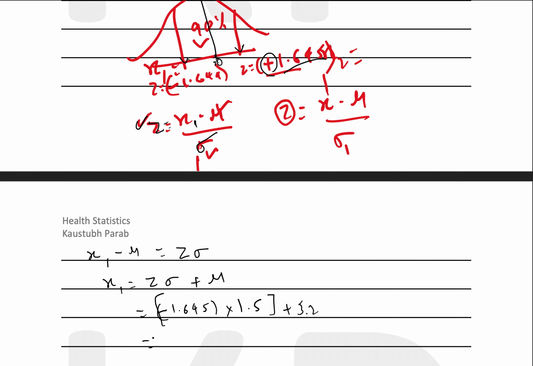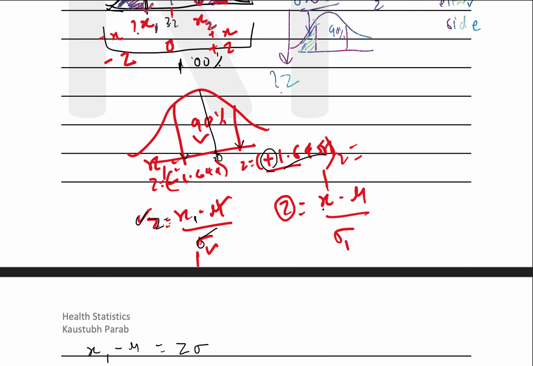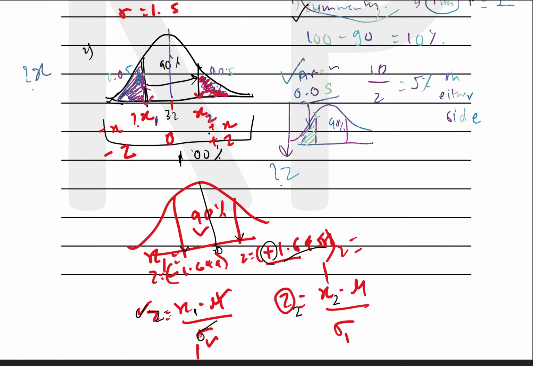And if you solve that, I'm not going to solve this math because it's just pure math after that. If you solve that, you should be able to get a value somewhere like 0.73, that is going to be your lower boundary. So ultimately you found this x1, right? Similar thing you can do for x2 by making use of z2, that's your upper boundary.